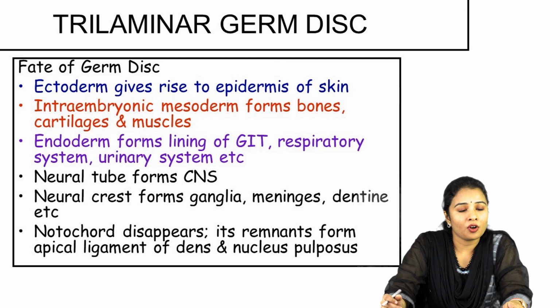The neural tube forms the CNS, the central nervous system. The neural tube itself is derived from the neuroectoderm, so it is derived from the ectoderm, and forms the central nervous system, that is the brain and spinal cord.